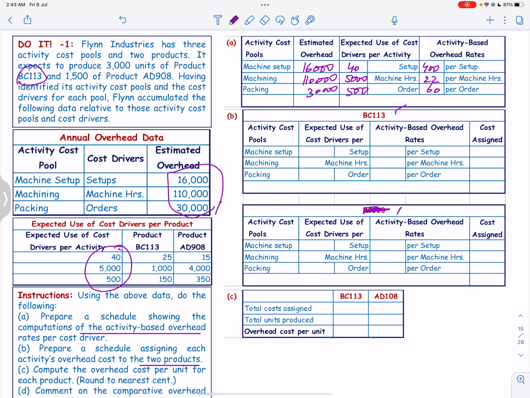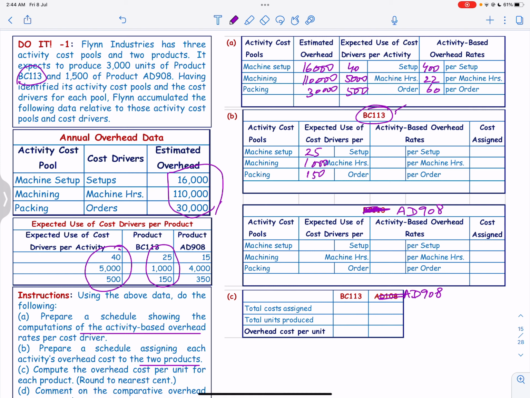This should be AD908, and this should also be AD908. Okay, so we have machine setup, and the machine setup is given to us for product 113 as 25, 1,000, and 150.